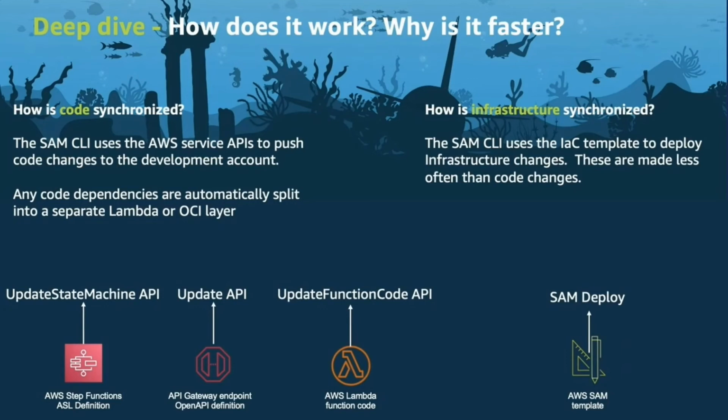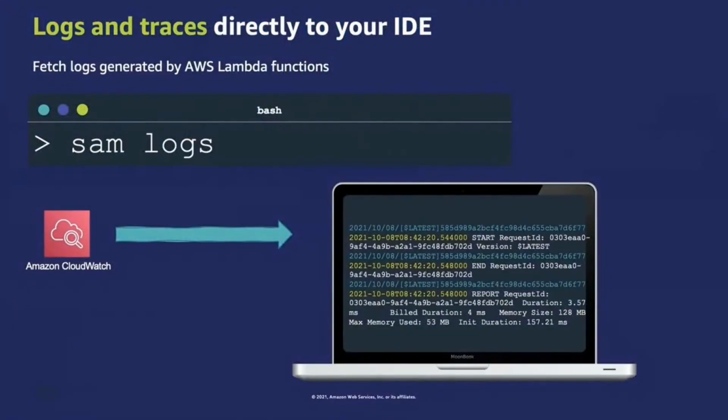If you've changed an infrastructure configuration, then it will use the standard CloudFormation transformation and upload that as before. The good thing is though, these architecture or infrastructure changes are far less frequent than changes in your code. So this helps you speed up your developer workflow significantly.